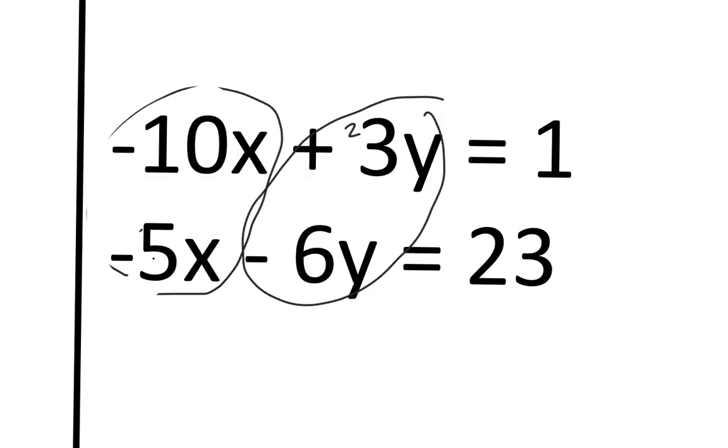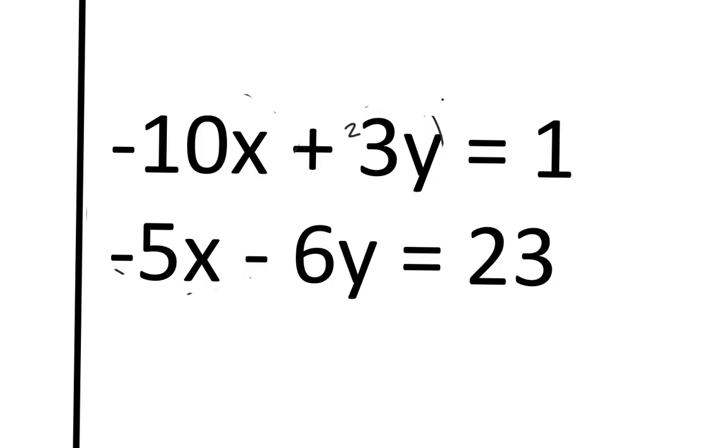We're going to pick one, okay? So let's look at getting rid of my y's. So if I multiply that 3y by 2, then I'm going to get 6y, and then they could cancel out.